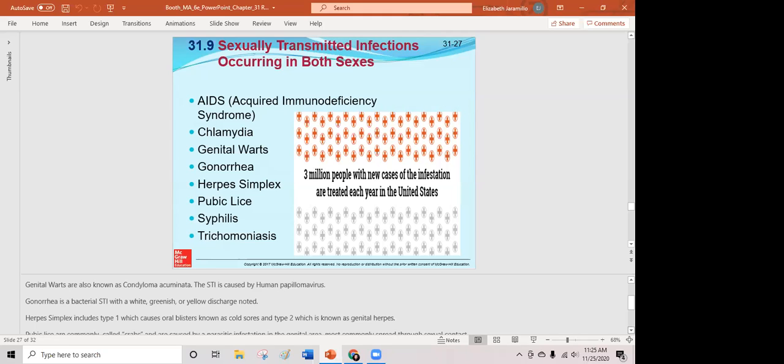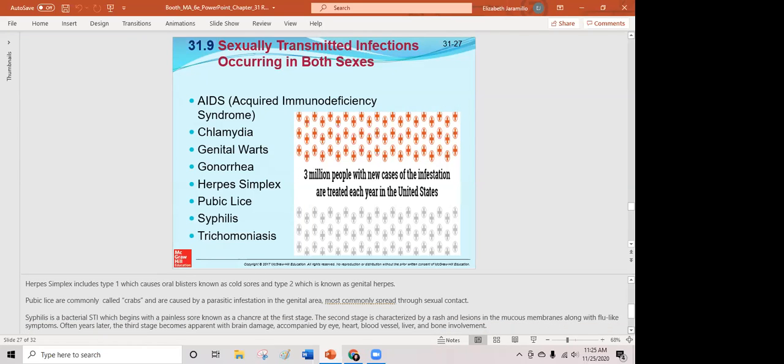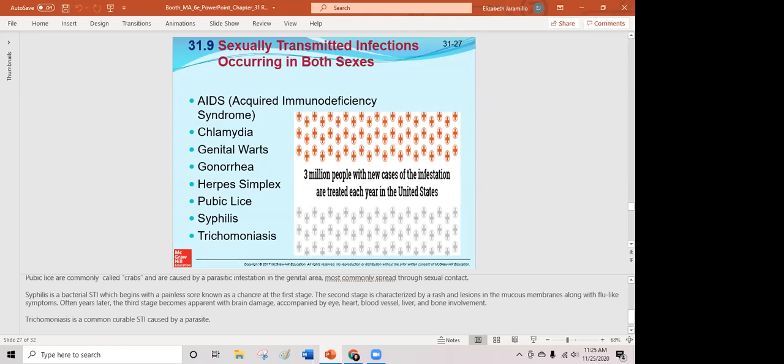Herpes simplex includes type 1, which causes oral blisters known as cold sores, and type 2, which is known as genital herpes. Pubic lice are commonly called crabs and are caused by a parasitic infestation in the genital area, most commonly spread through sexual contact, or sometimes sharing of clothes. Syphilis is a bacterial sexually transmitted infection which begins with a painless sore known as a chancre at the first stage.